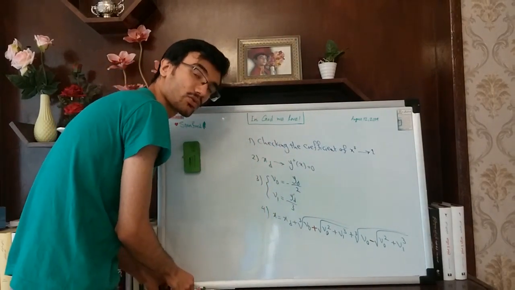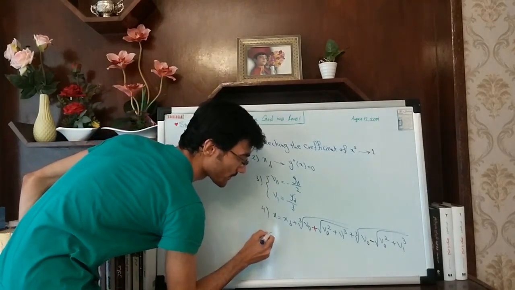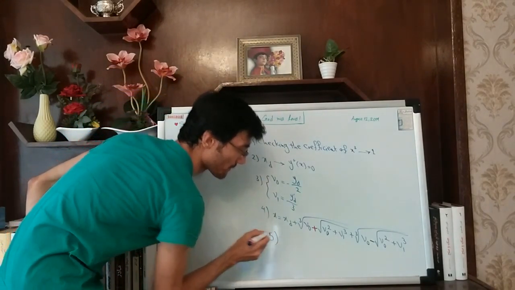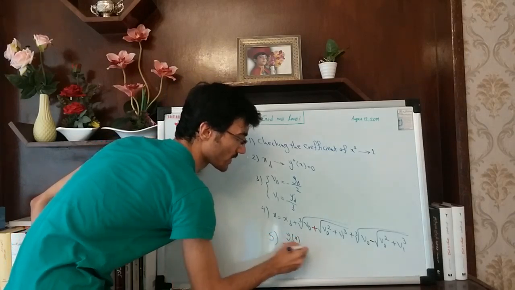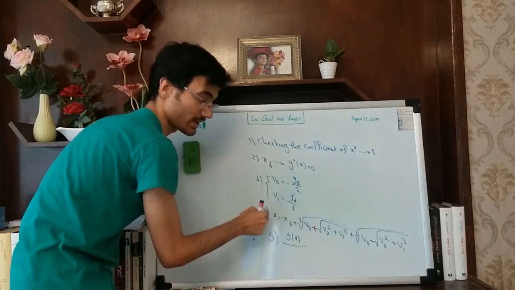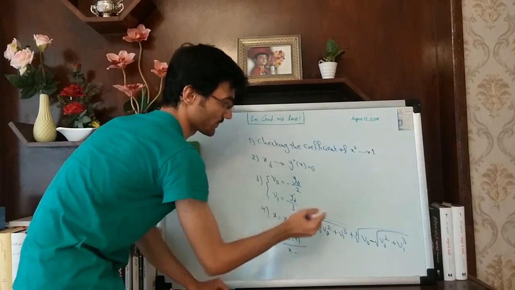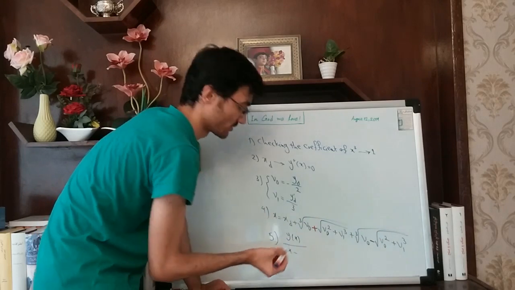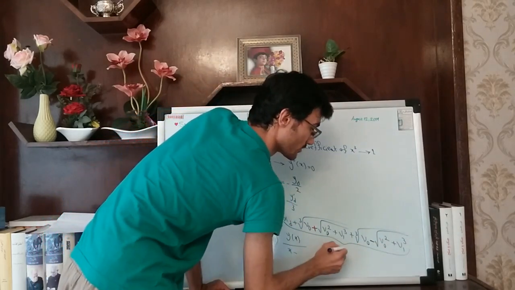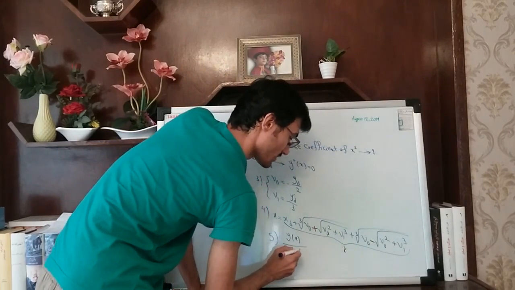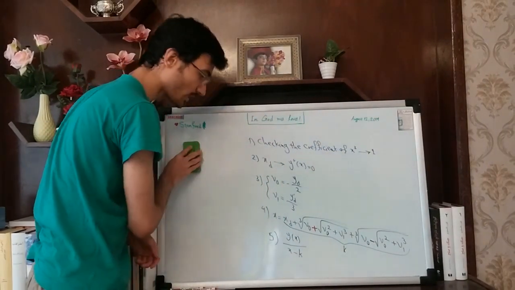And the last step is to find the other roots, by dividing y of x by x minus this expression. We can call it k, for example, x minus k.